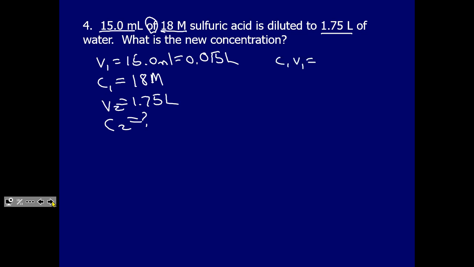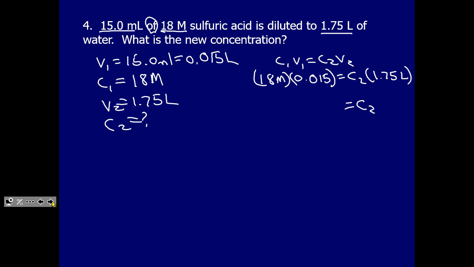C1V1 equals C2V2. 18, 0.015. C2 is what we're looking for, and V2 is 1.75. I have a little worksheet that has dilution questions on it, and the answers are on it as well.